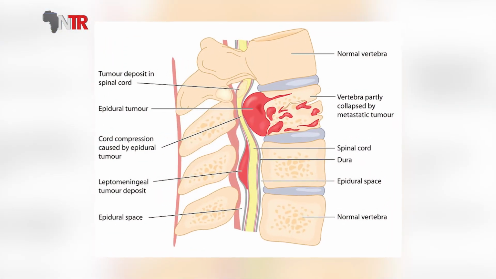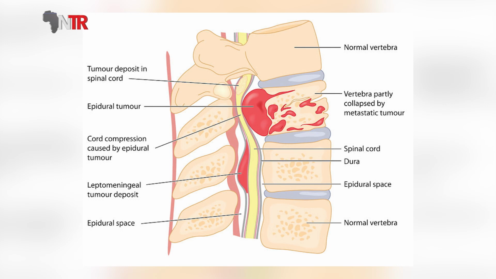Patients who are admitted with paralysis may also need emergency surgery in order to relieve compression on the spinal cord. Some tumors can be completely removed at this stage, but in other cases, part of the tumor may be removed to relieve pressure on the spinal cord.